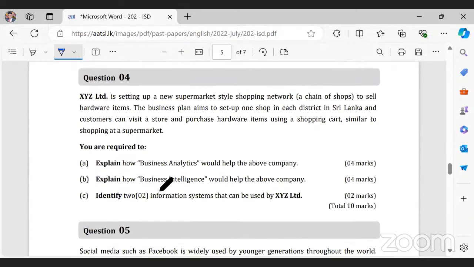Section number 4. XYZ is setting up a new supermarket-style shopping chain of shops to sell hardware items.